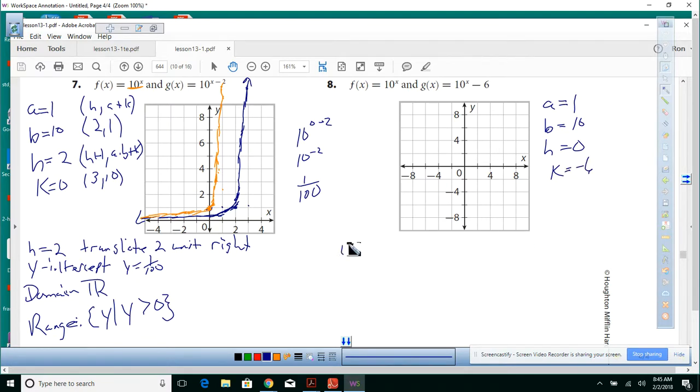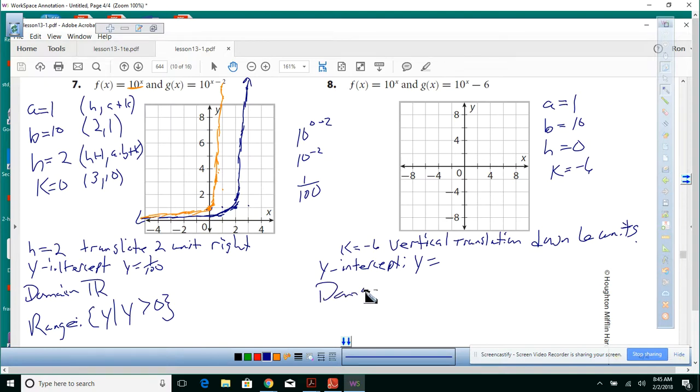So k equals negative 6 is a vertical translation down 6 units. And then we're going to have a y-intercept. What's going to be our y? We'll find that in just a second.